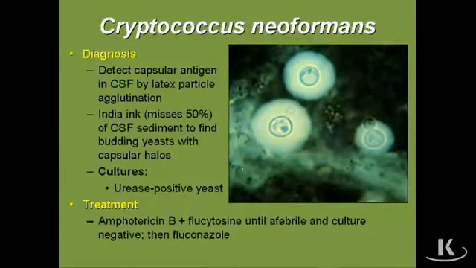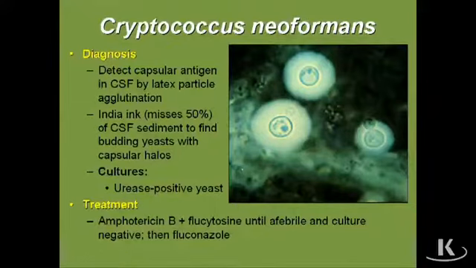Now, how are we going to diagnose it? We're going to look for that capsule. Are we going to use India ink? Probably not, because it misses half of the cases. So we're going to use latex particle agglutination for diagnosis. You can culture it, and it's actually urease positive. So you have a urease positive yeast.